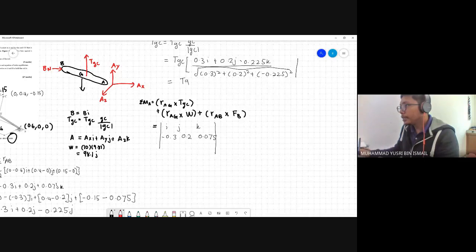So TGC over 0.425. No need to divide this part yet.